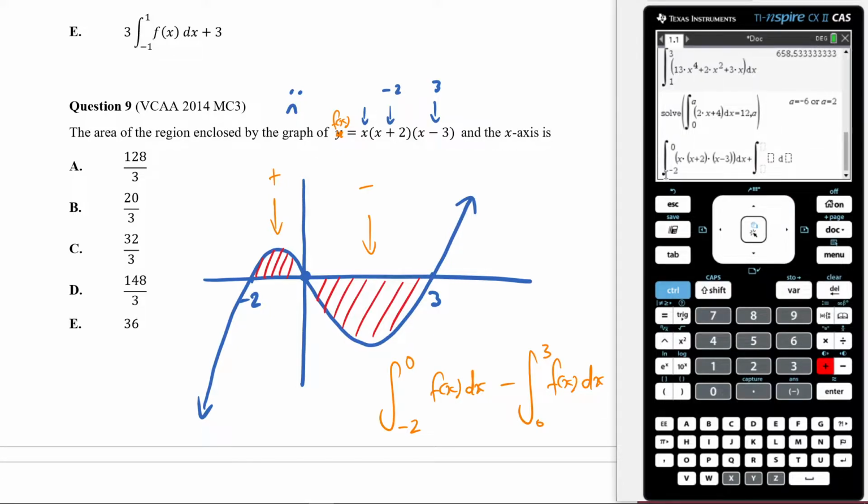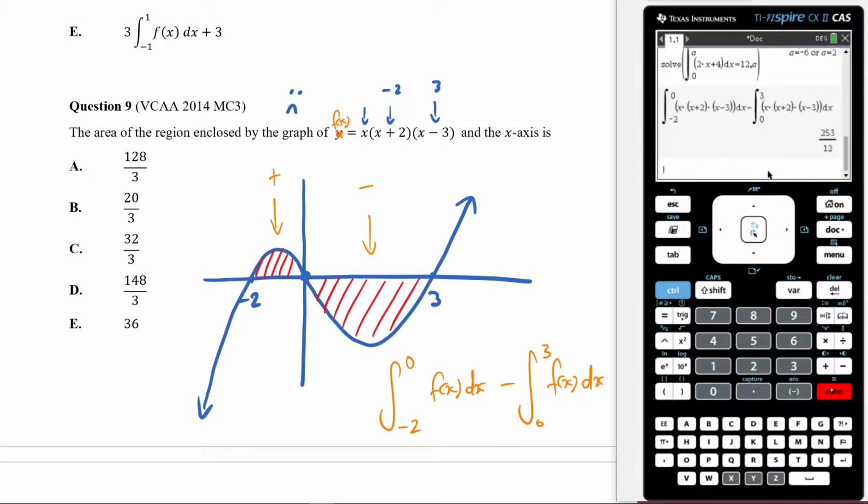Now I'm going from 0 to 3. And if you wanted to be really cool, what you could do here is go Shift up, Control C to copy that, and then I could go minus Control V, and now I could just change my terminals. That would be 0. That would be 3. I mean, speed is the aim of the game here.